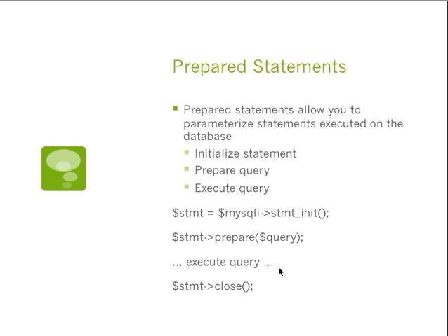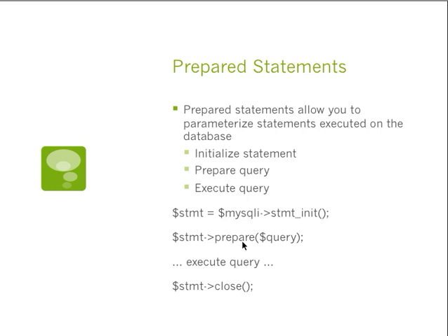So here's the basic structure for it. You will take that connector that you created, execute statement underscore init, and save that in statement. That'll create a statement object for you, and then you can prepare that query that you have created using the prepare function. Now if prepare ends up returning false, this will return a boolean. If it returns false, then you have probably a syntax error in your query.